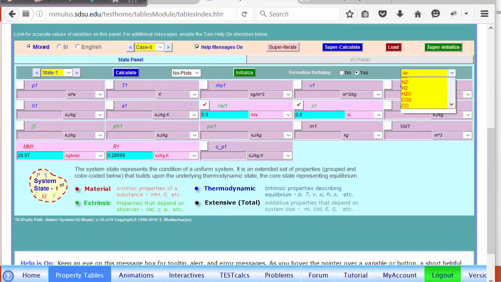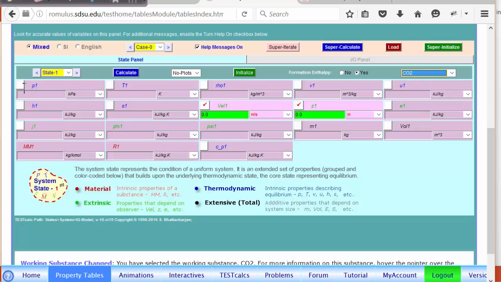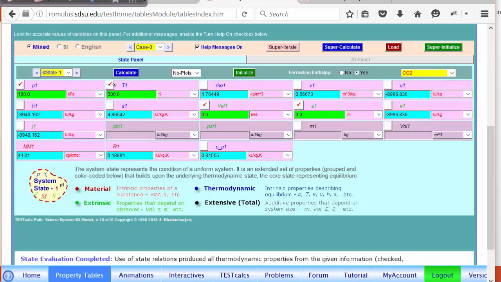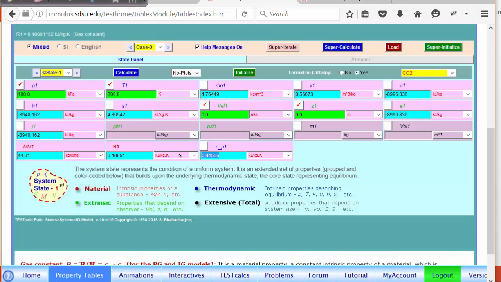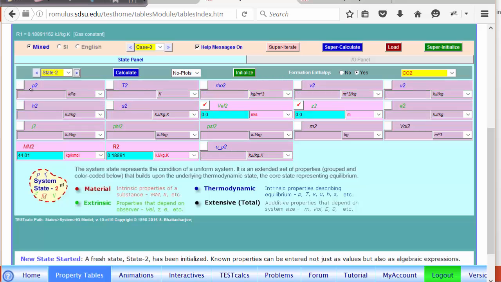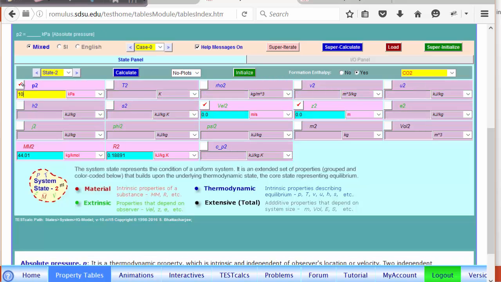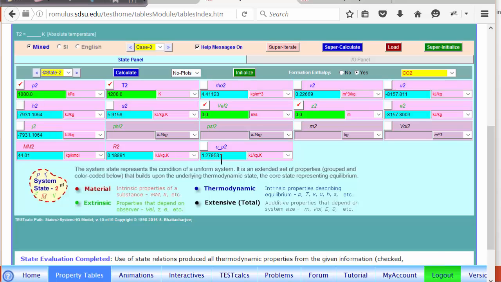We begin by selecting CO2. The interface is just the same, whether it's the IG model or the PG model, except Cp, R, etc. are now different. Cp is not a constant, it's a variable. It depends on temperature. Look at the value of Cp, and as we change the temperature to 1000 kPa, 1200 Kelvin, you'll see that Cp has increased to 1.227.